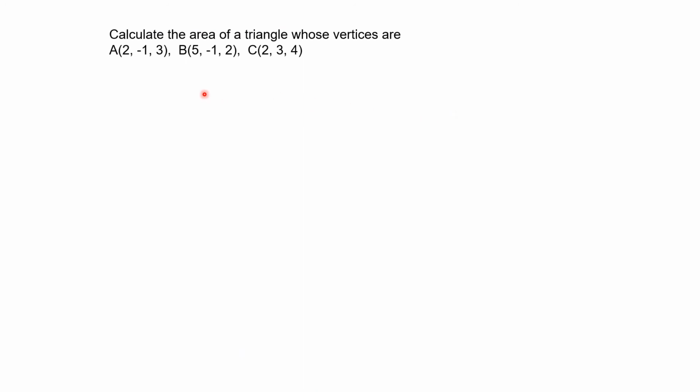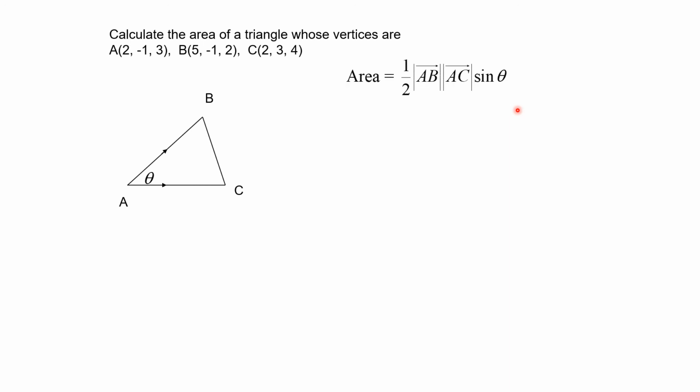Now we're going to calculate the area of a triangle whose vertices are given as ABC. The diagram is shown here and theta has a value. So all we need to do is recap the basic formula to determine the area of a triangle, which is simply half AB sine C, and the A and B have to be magnitudes, right?